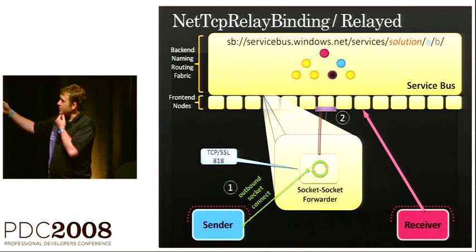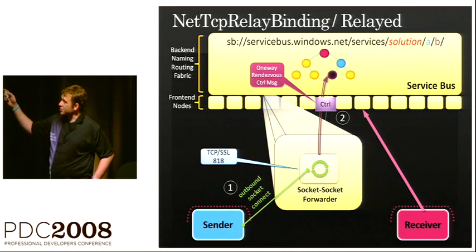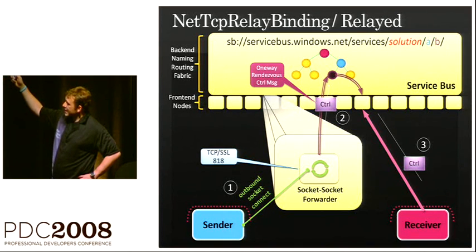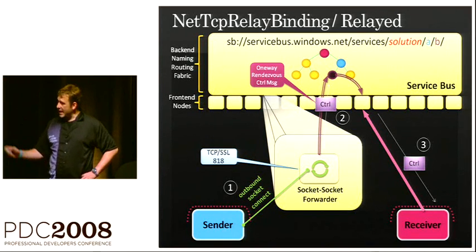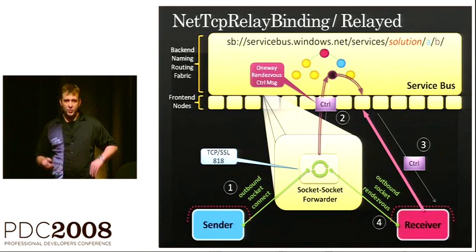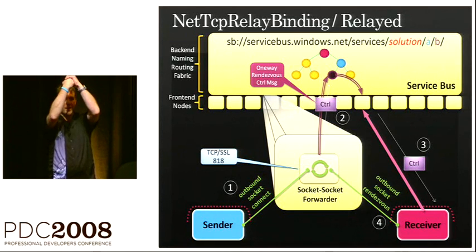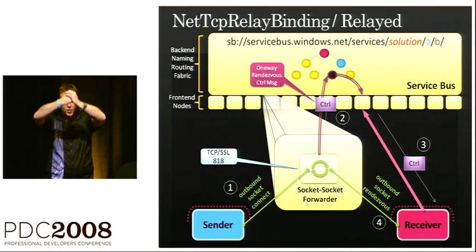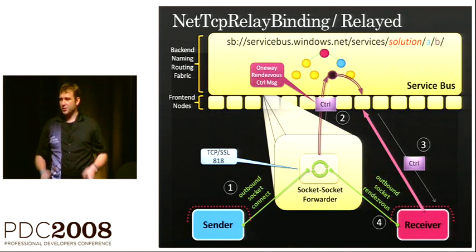So we send a control message out to the name that was registered on. The receiver then connects up to that particular node, and those two nodes get connected. From this point on, it's a pure socket connection. You can do streaming, you can do video, you can do whatever you want over that connection.